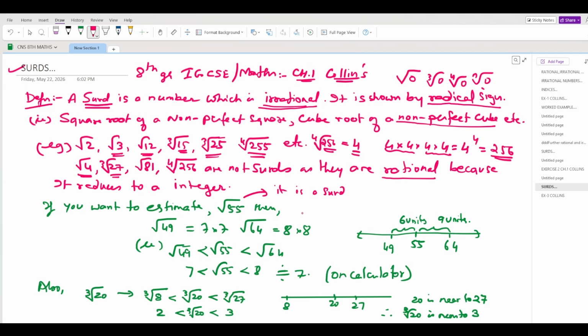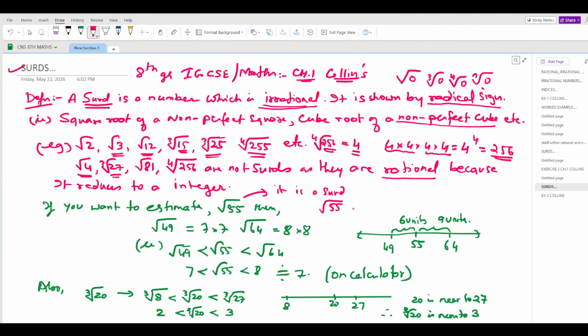Root 55 will be some number which we want to estimate, right? So now you think of a number just bigger than 55, which is a perfect square.